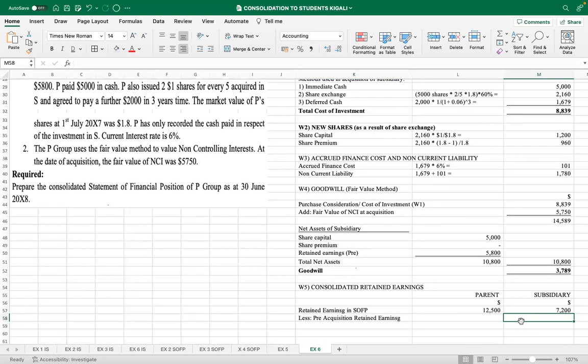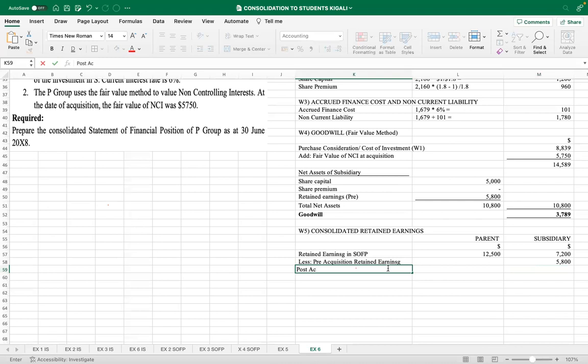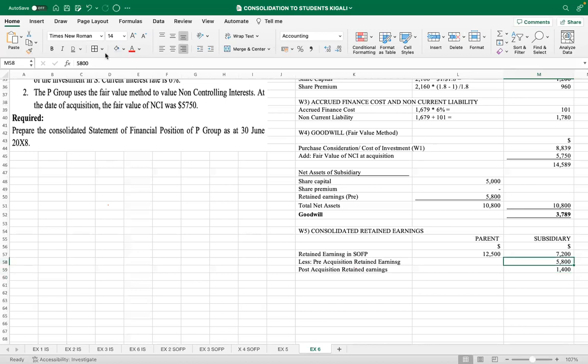So you less pre-acquisition retained earnings, which is 5,800. What you get is post-acquisition retained earnings. So post-acquisition retained earnings is the total minus the pre.